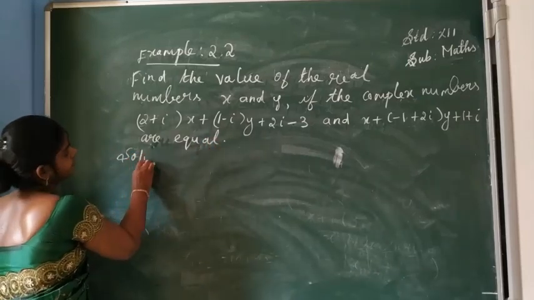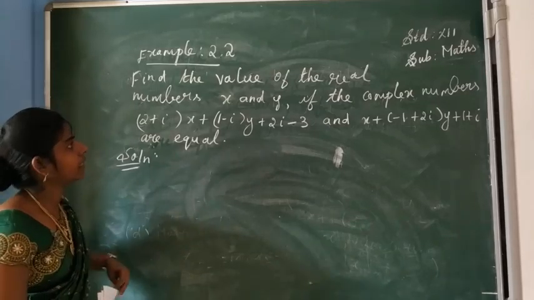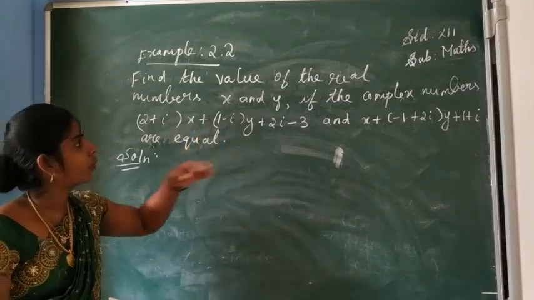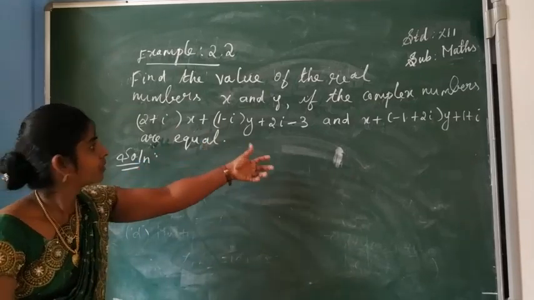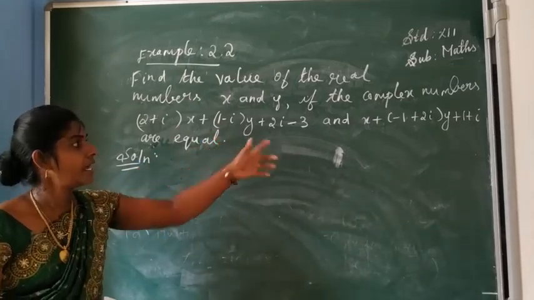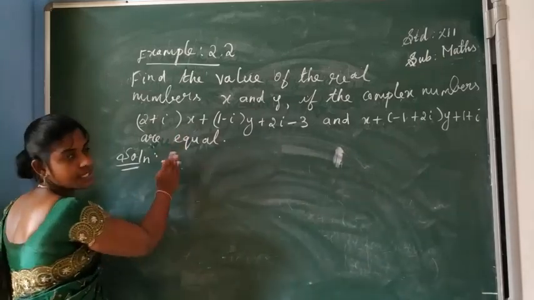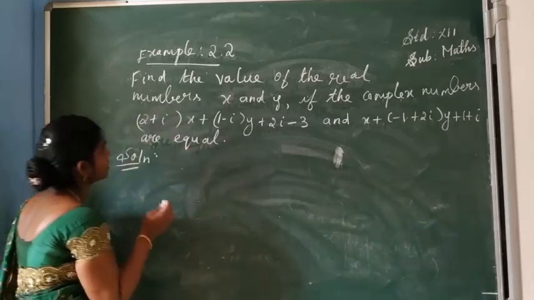Solution. Find the values of the real numbers x and y if the complex numbers given are equal. That is, z1 and z2 are equal. We take this term as z1 and this term as z2.